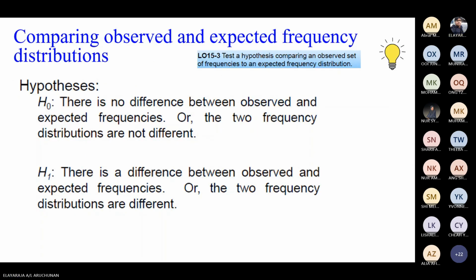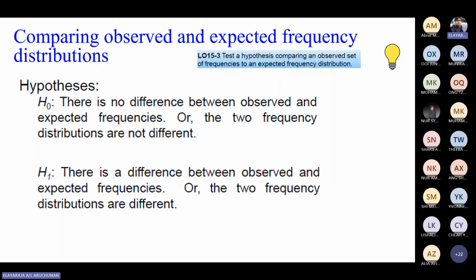Now, first of all, we take a look at testing the hypothesis comparing an observed set of frequencies to an expected frequency distribution. As usual, we need to know the hypotheses.